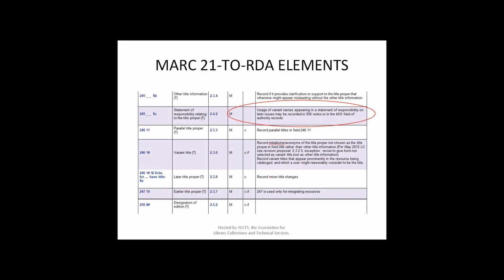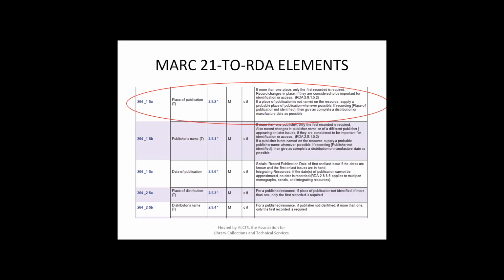And so in terms of helping identify the work, we think that recording those statements of responsibility to show usage should be done using a note field rather than the 245 subfield, and that was a practice that we carried over from the CONSER standard record. And I'm just showing you that that's incorporated into this RDA core element set.